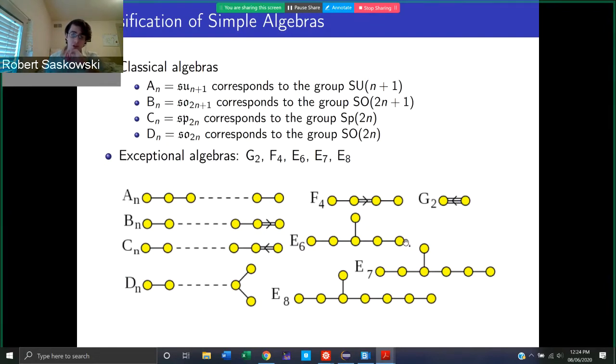You can remove this dot and you get E5. You can remove both of these dots and get E4. You can remove all 3 of these dots and get E3. Now E3 isn't even simple because there's no connection right here. And E4 and E5 are going to be isomorphic to combinations of these classical algebras, and so we don't include them as exceptional algebras. You can also define an E9, but this ends up being infinite dimensional, so we're really not going to get into that.